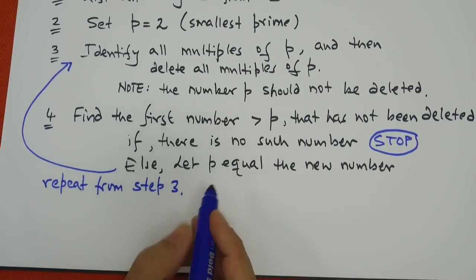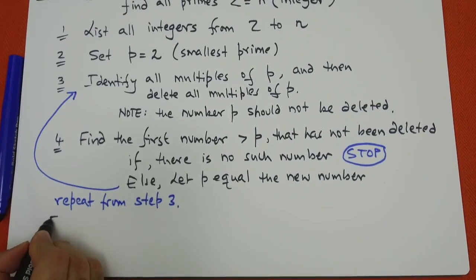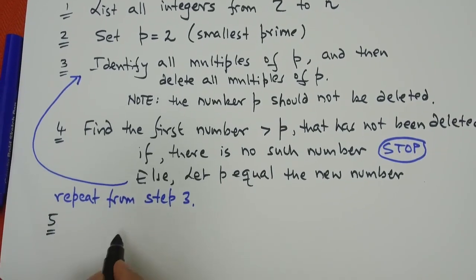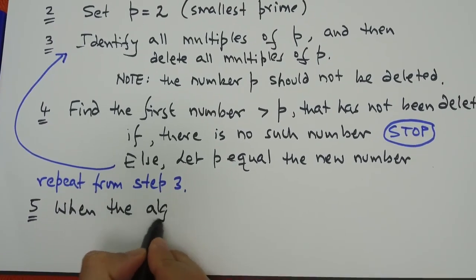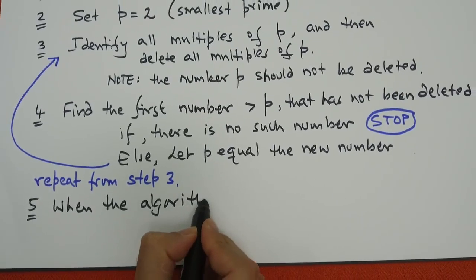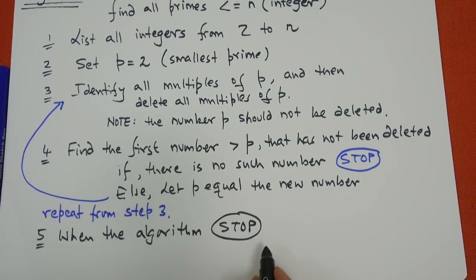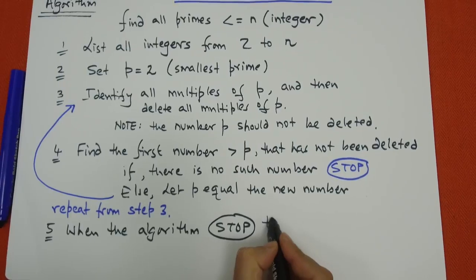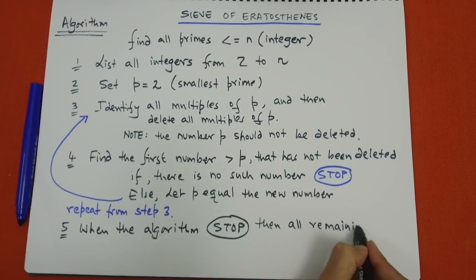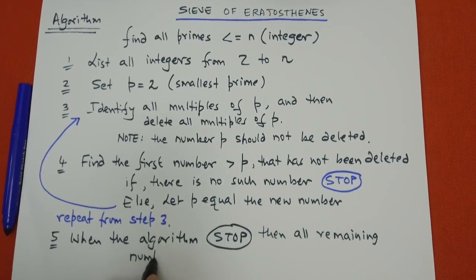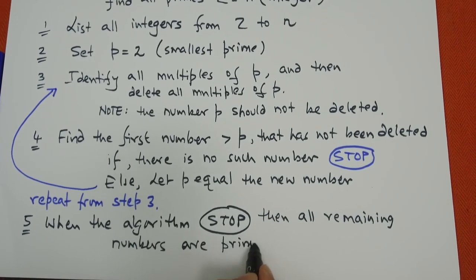Then we get to the final part of the algorithm, step number 5: when the algorithm stops, then all remaining numbers are primes.